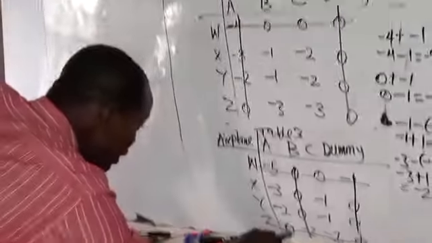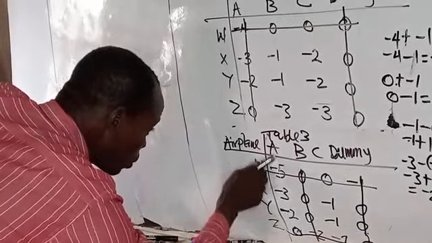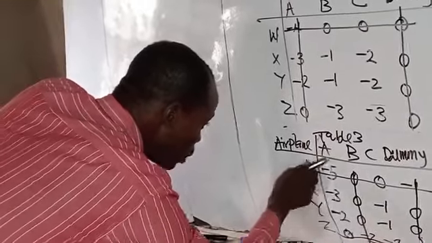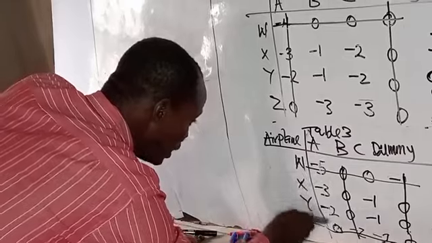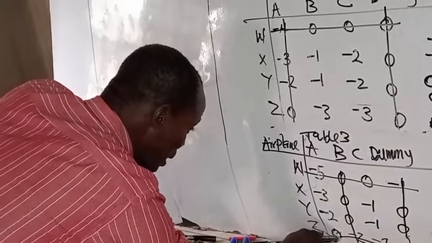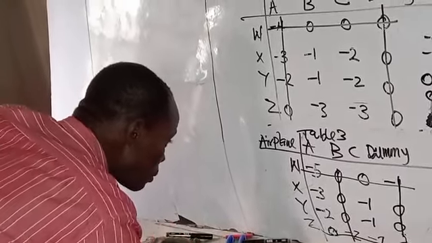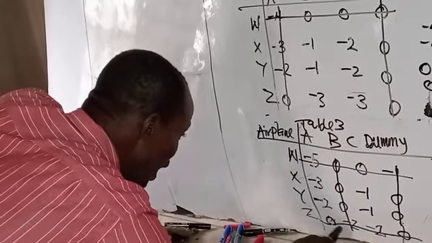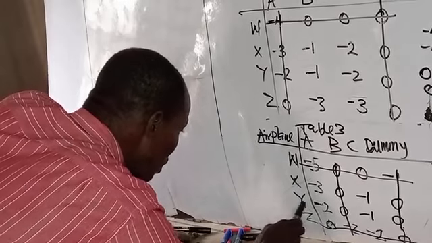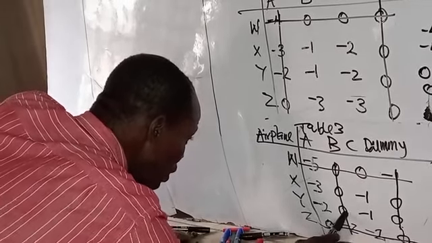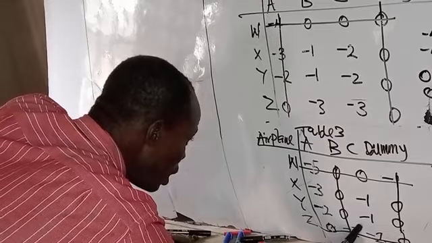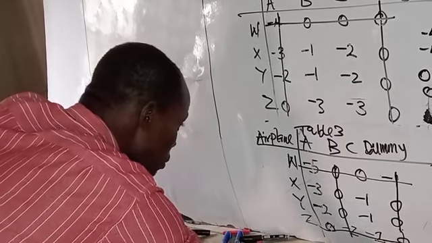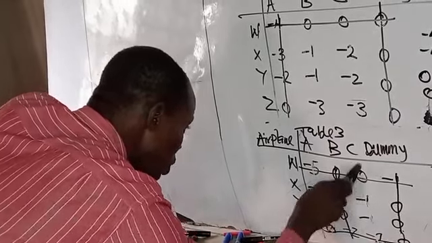I've told you, if you did not assign Z to A, there is no place any number can be assigned to in this column. Now, let's consider assigning other numbers. If you assign Y to this, okay, look at this 2.